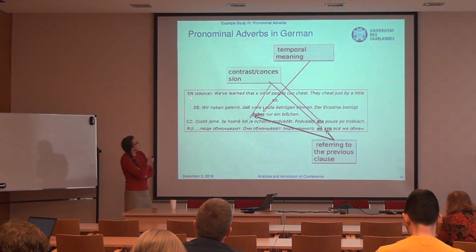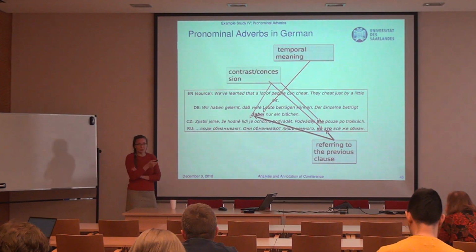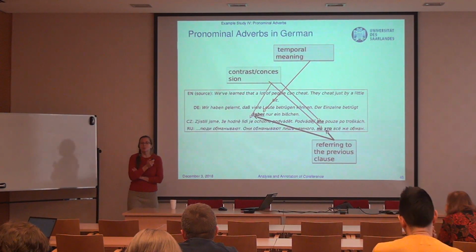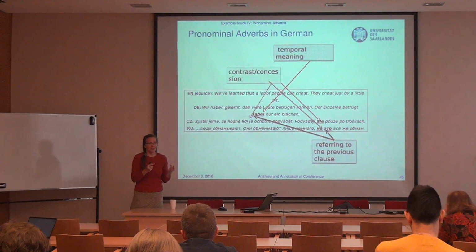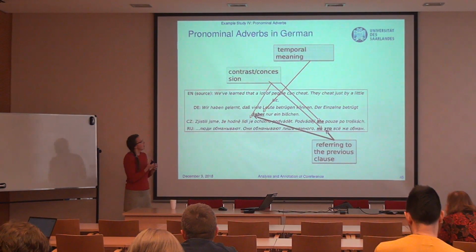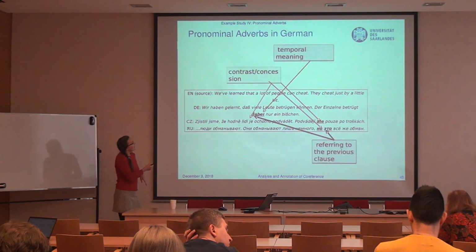So if you have a look at these 4 sentences in English, German, Czech, and Russian. We have an English source. Unfortunately, we always had just English sources just because there is no data in German which was translated into English, Czech, and Russian. And we have a lot of data in English which was translated into many different languages.